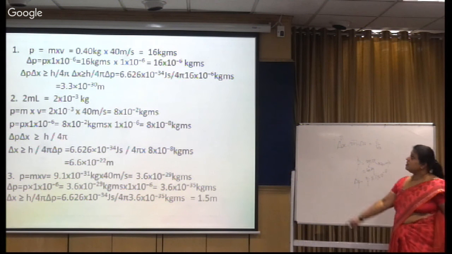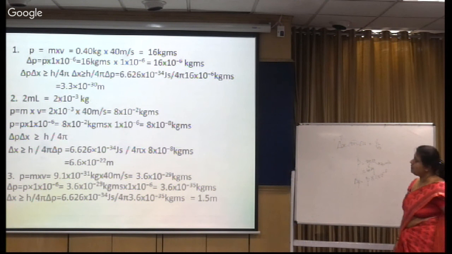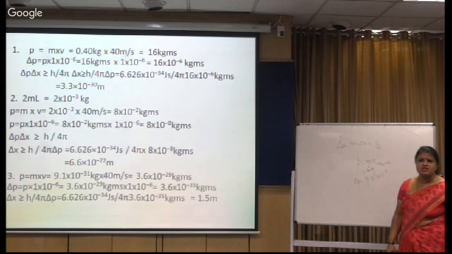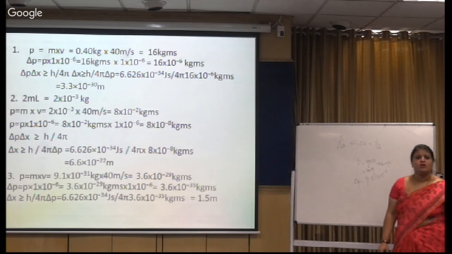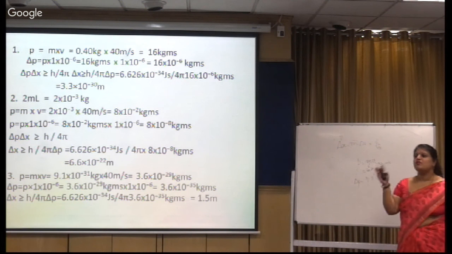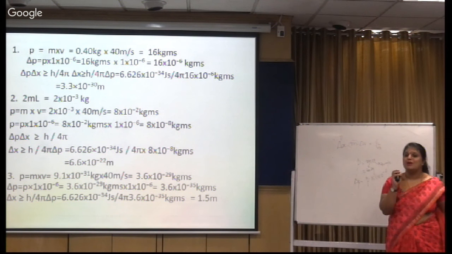Okay. Now, the first question was pertaining to football, mass of 0.40 kg. The value of uncertainty in position was of the order of 10 to the power minus 30 meter. Then we moved on to water of mass 2 ml.